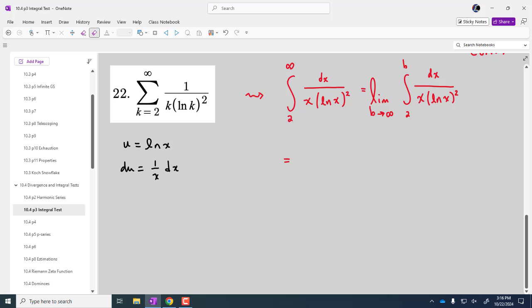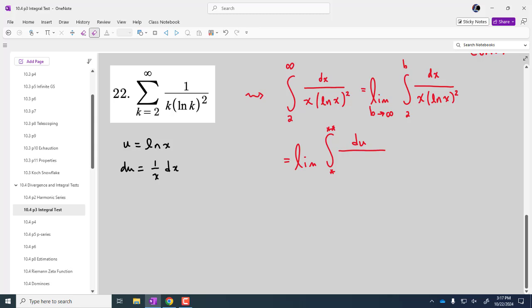Okay, so let's do our substitution here. So we have limit, the dx is still there. We're going to put placeholder limits for now. We'll come back to x later. That should not be a dx, that's going to change to a du. So dx over x is du.